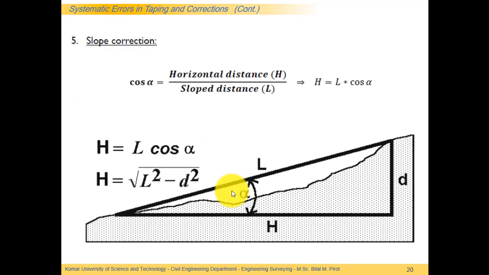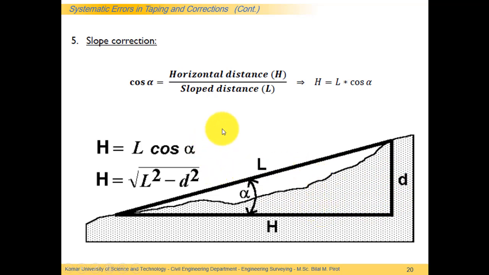We have another correction that's called slope correction. Slope correction is very easy. Normally we have a triangle like this for the slopes. We have the horizontal distance, the vertical distance, and also the sloped distance. We have an alpha, that's an angle for finding the other lengths if they have not been specified.